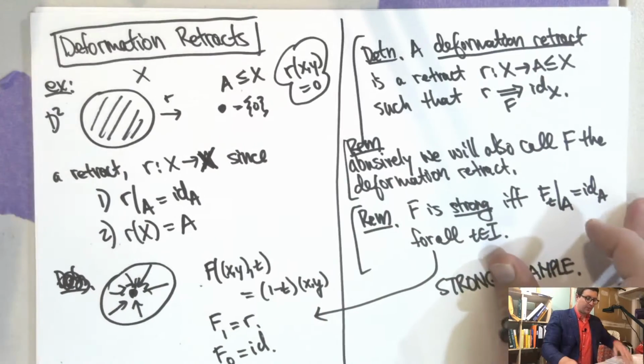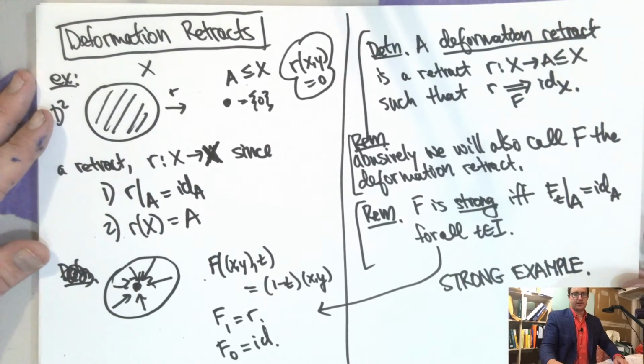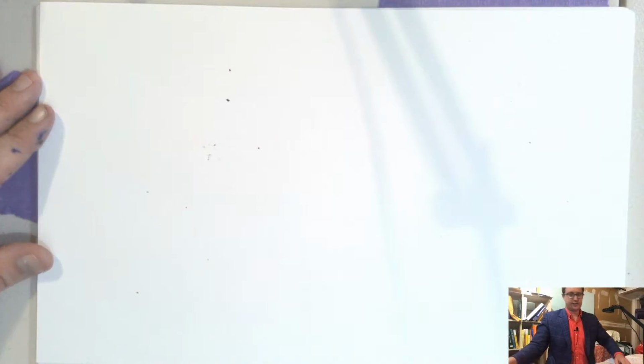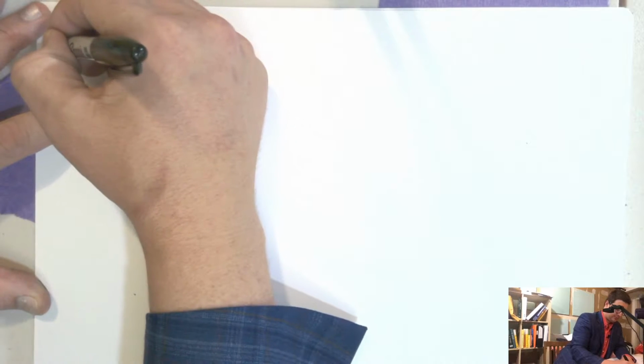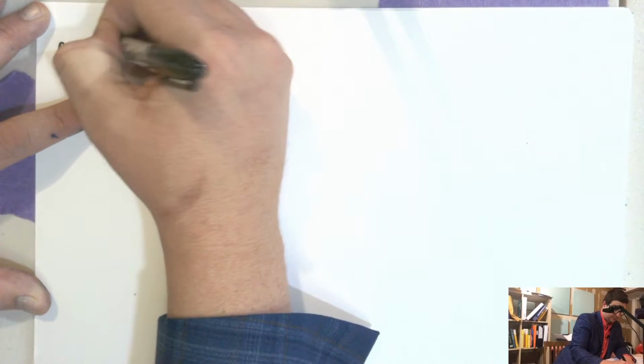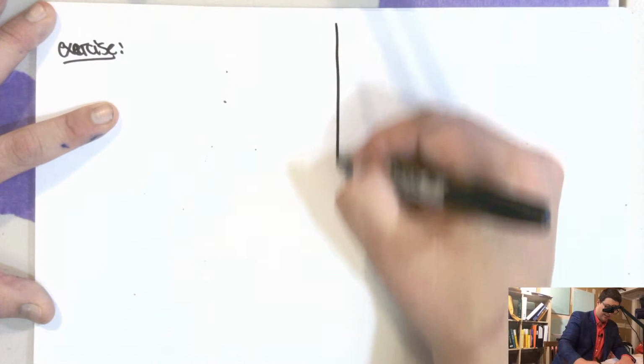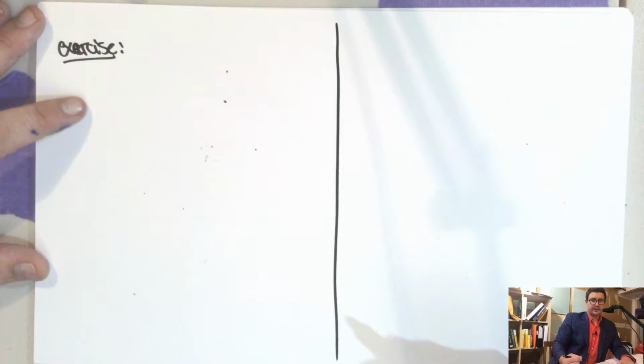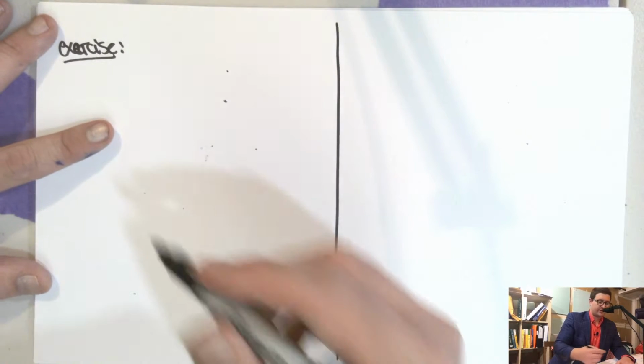So what's the point of deformation retracts? A good exercise: if you have a deformation retract, then it induces a homotopy equivalence.